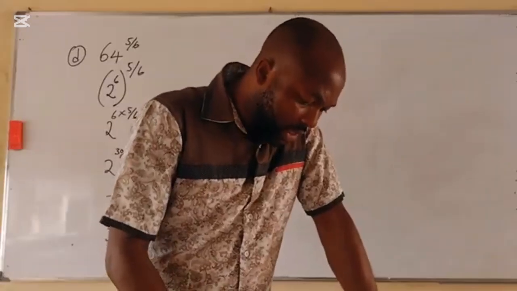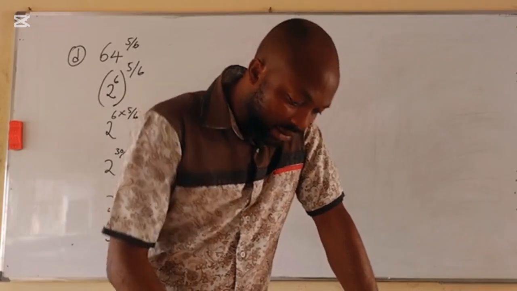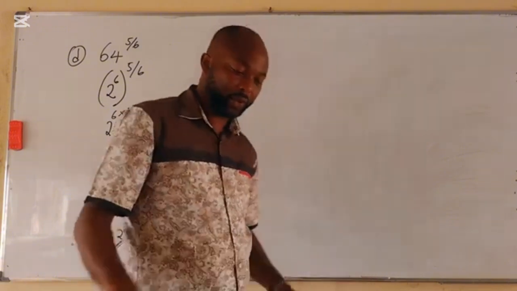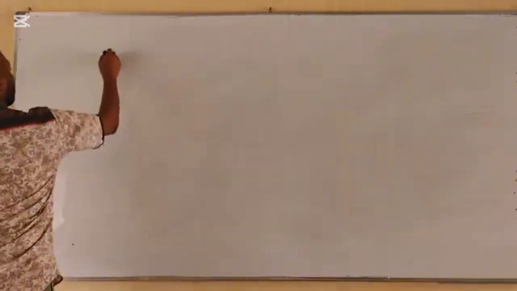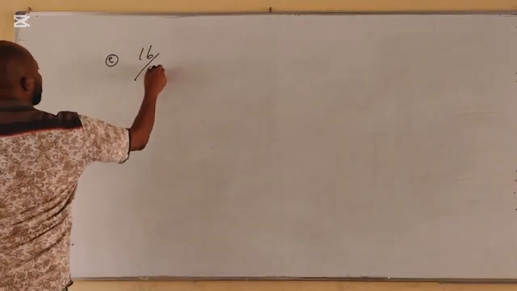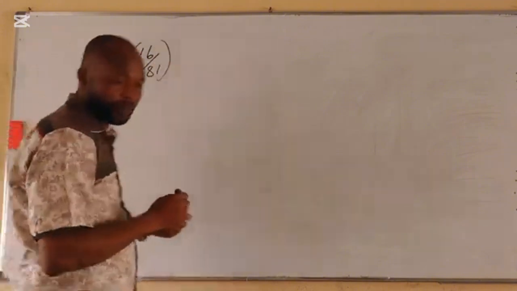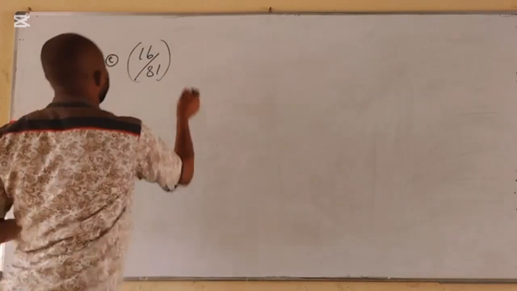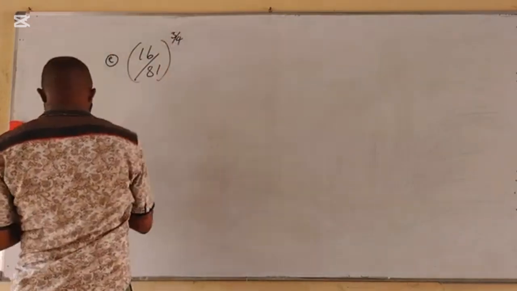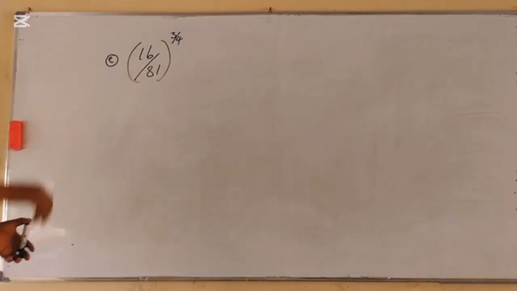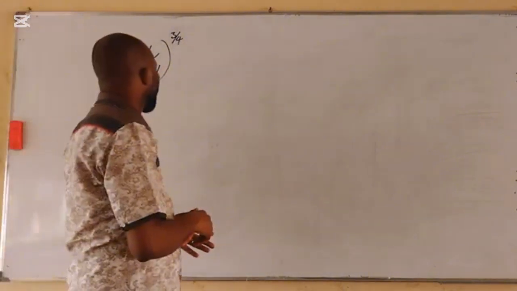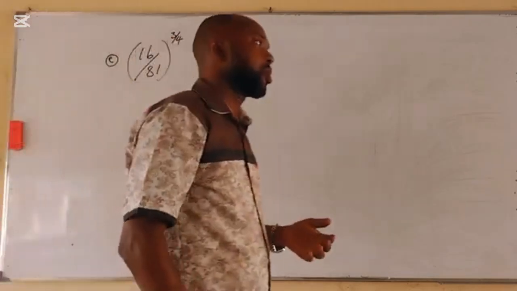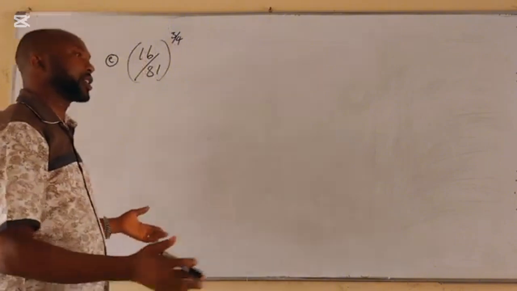Let's take another one. 16 over 81 raised to the power 3 over 4. E. 16 over 81 raised to the power 3 over 4. So here, we can put in the product power law, where numbers in the bracket are raised to a certain power.